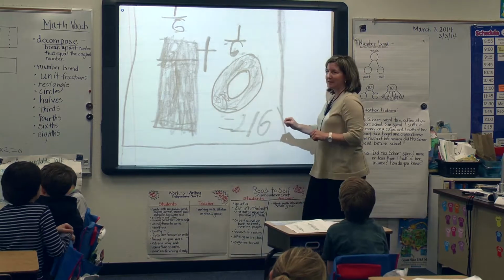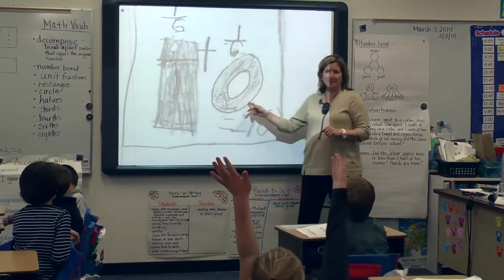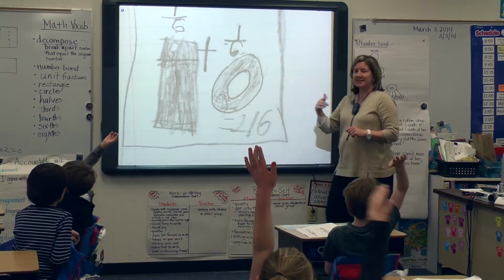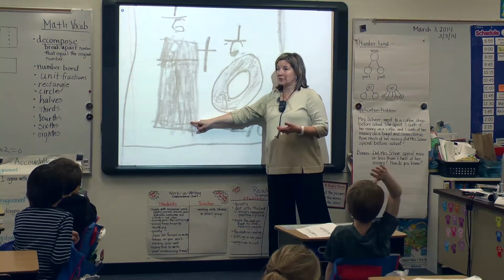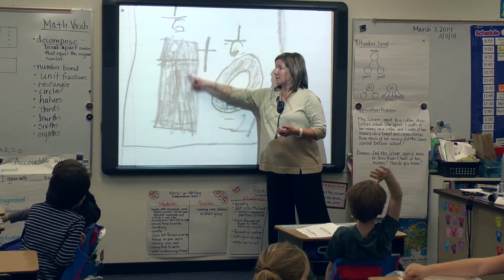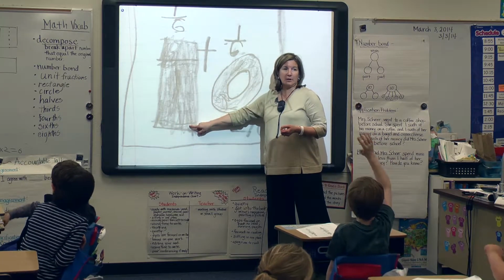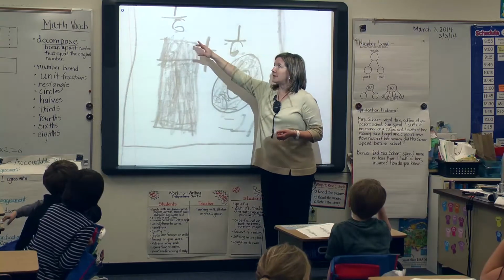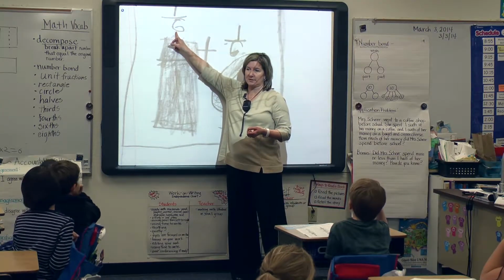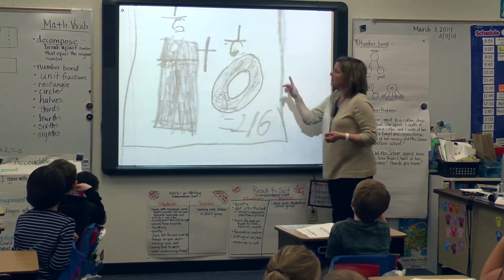Okay? How many of you knew that this was a picture of the coffee and this was a picture of the bagel? I was honestly thinking that this was supposed to be representing 1/6. And I struggled with that. Because is this representing 1/6? No. It's really just a picture of a coffee cup, isn't it? And here is our representation of how much it cost. Okay? All right, so continue, Will.